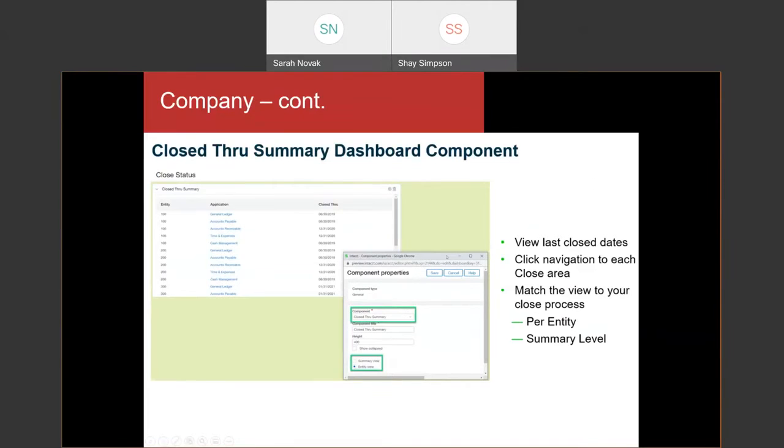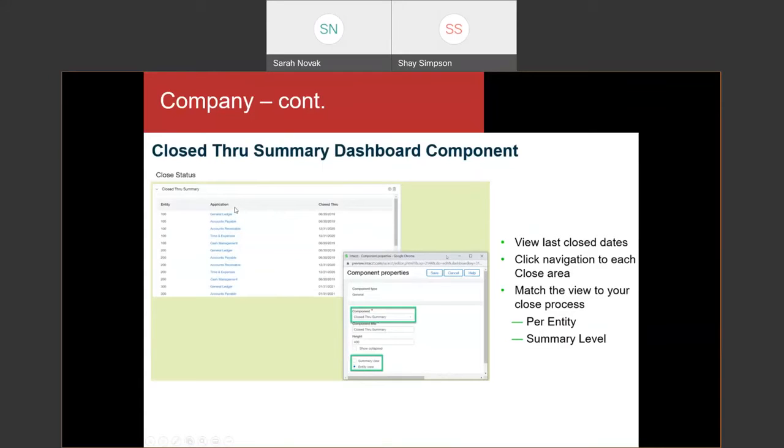We do have a new component on a dashboard that we can add. If you go under a dashboard and add a component property, you are now going to be able to see this close through summary. And you can actually set this for the entity level. What that is going to do is produce a report on your dashboard.